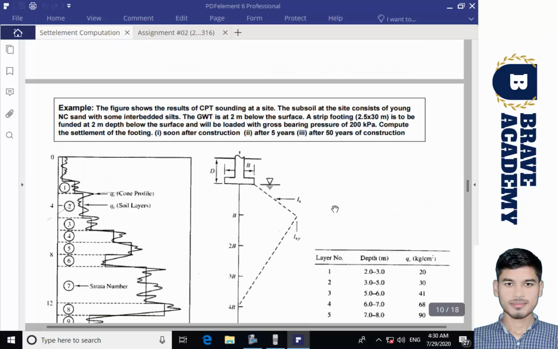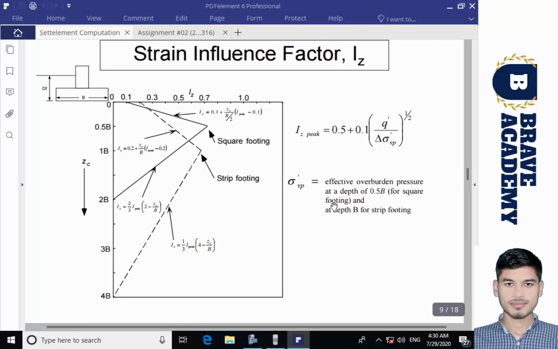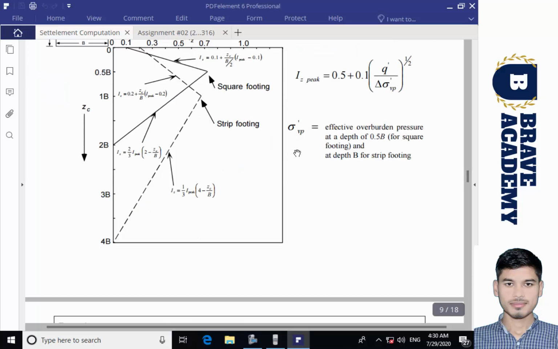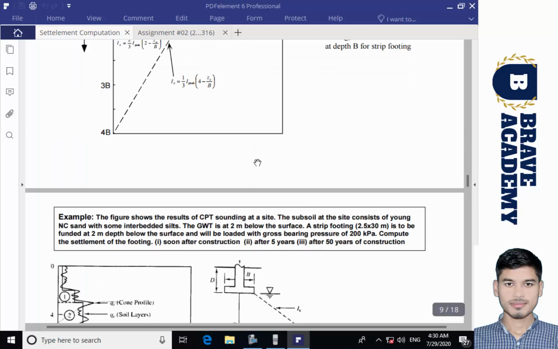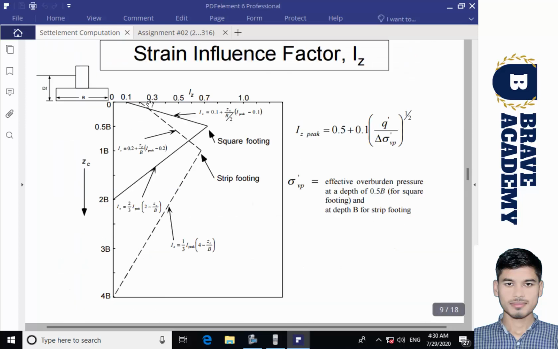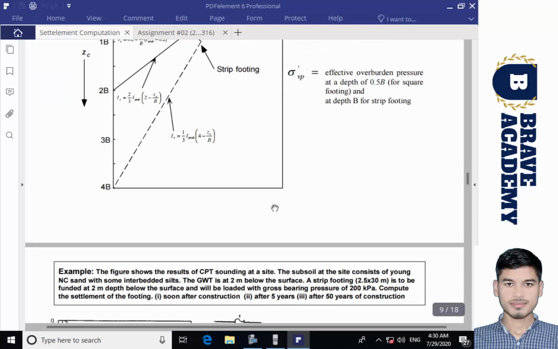Let's suppose there is a square footing, then the number of layers would be up to 2b. Let's suppose our breadth is equal to 2.5, and up to 2b that will be 2 into 2.5, that will give 5 meter.